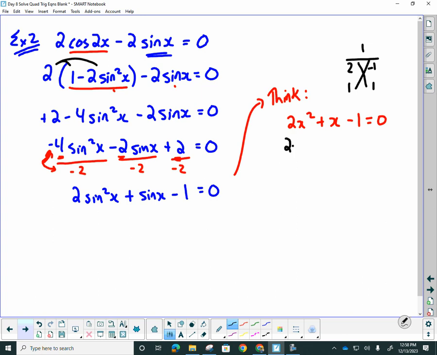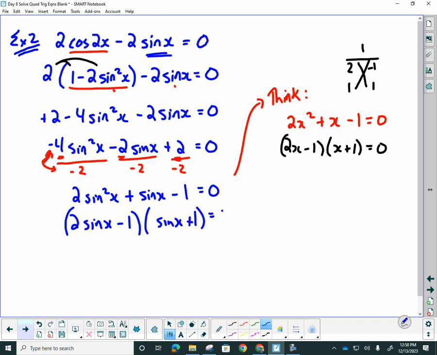So this will be 2x minus 1 this time, and x plus 1 equals 0. I was just using that as a little crutch to be able to see the factoring, but now I think I can factor it with the sines in it. So this becomes 2 sin x minus 1 and sin x plus 1 equals 0.